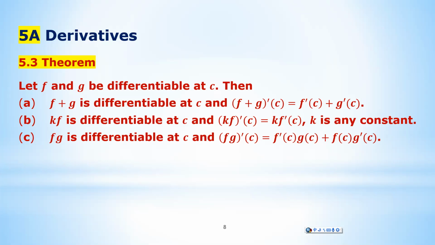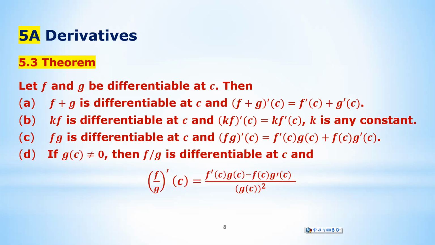Okay. Then part D is the quotient rule. For the quotient rule, we have to assume that g(c) is not equal to 0, okay? Then the derivative of f divided by g equals this complicated formula. I think you all know this formula. Today our goal is trying to prove these formulas using the new concept, okay?